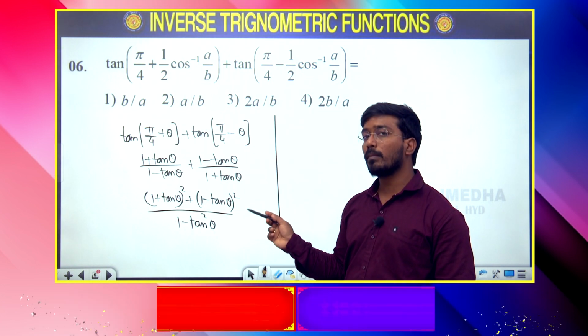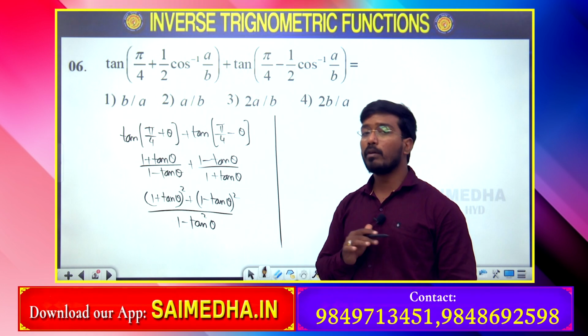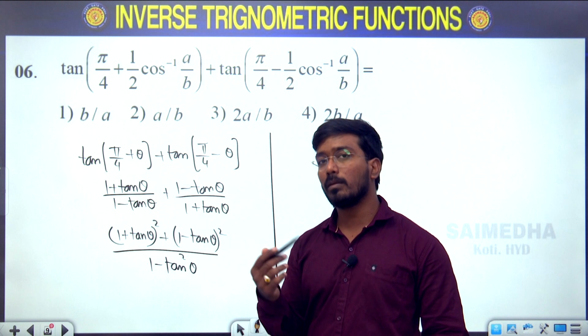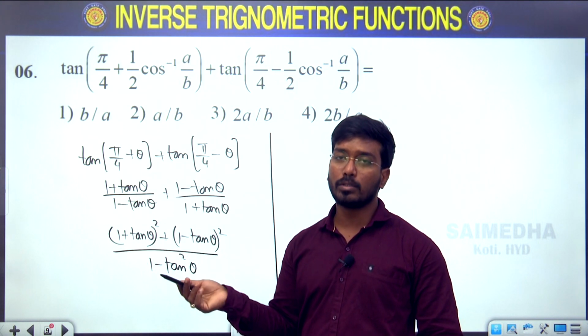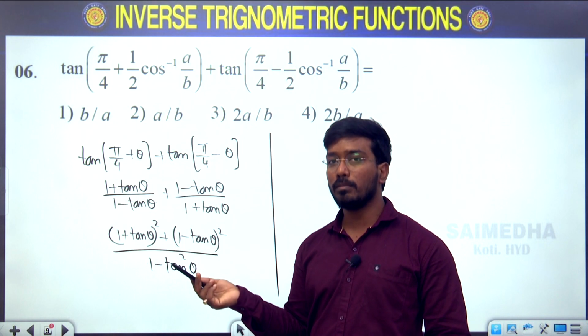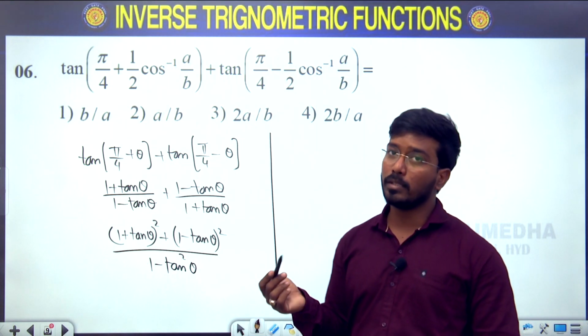That is a plus b whole square plus a minus b whole square. If we add a plus b whole square plus a minus b whole square, what is it going to look like? A square plus b square plus 2ab plus a square plus b square minus 2ab; plus 2ab minus 2ab cancel. That means 2 times a square plus b square.